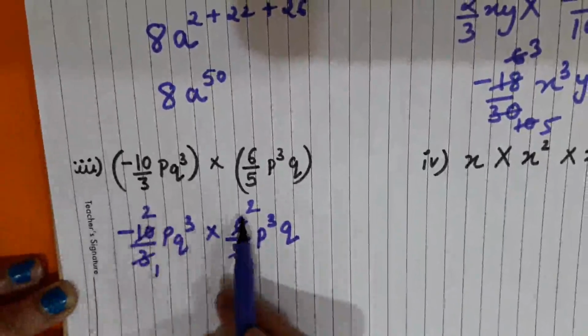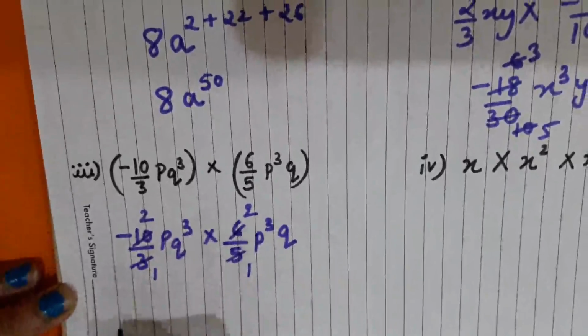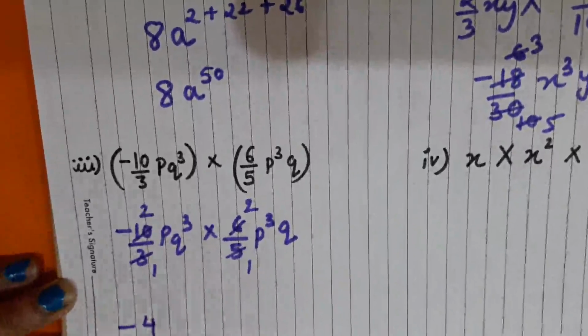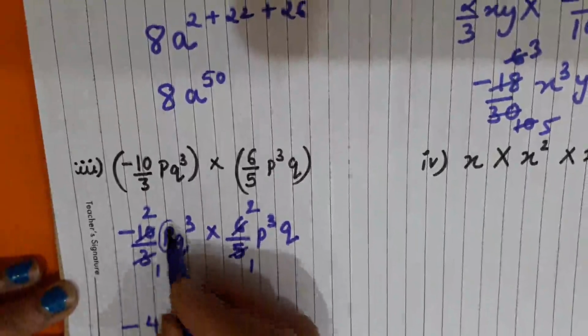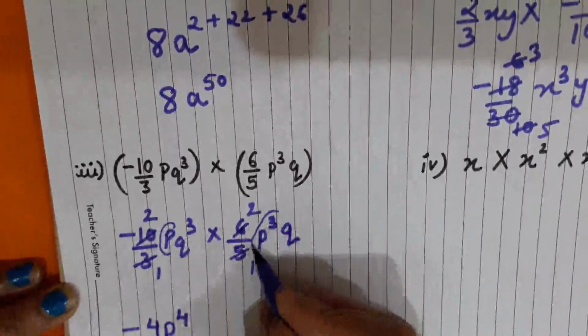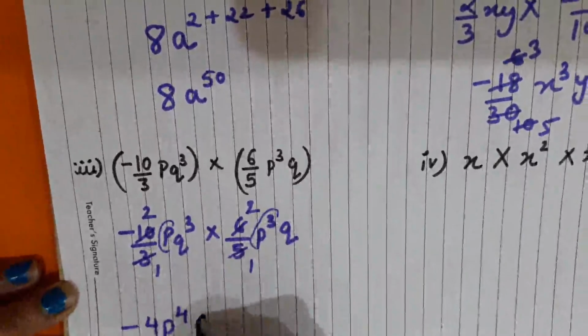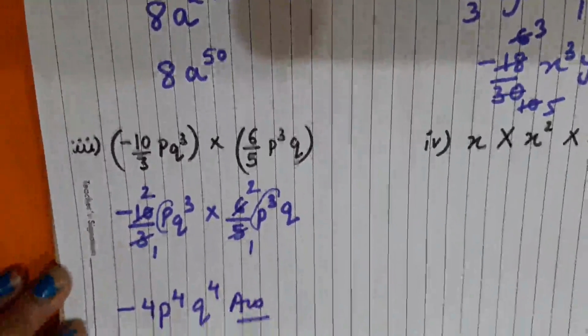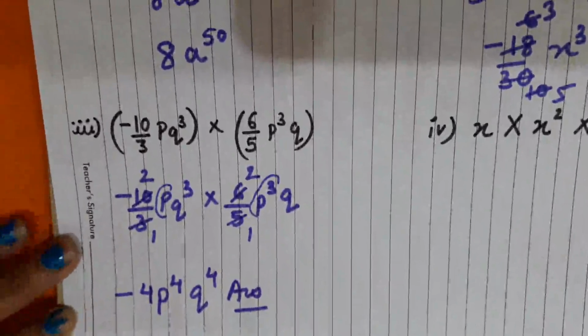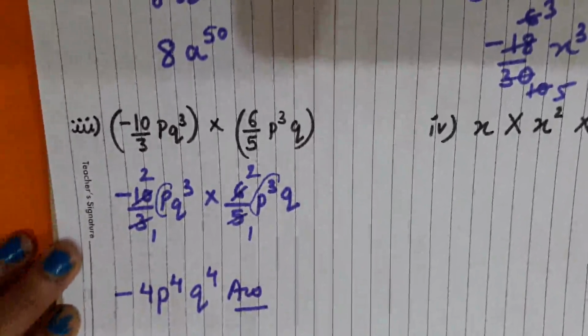So this 2 and this 2 are going to multiply with each other. It gives you minus 4 p to the power 4, because here 1 p is there and p cube is there. Okay, q to the power 4. So this will be your answer. Okay, I hope I'm making myself clear.